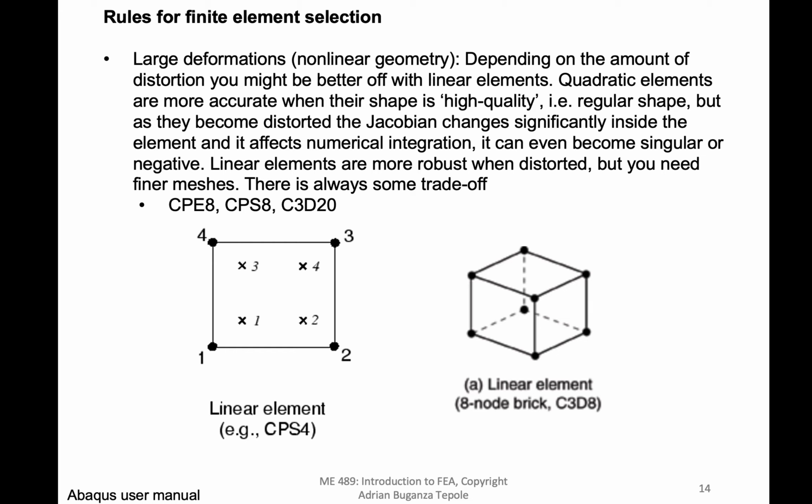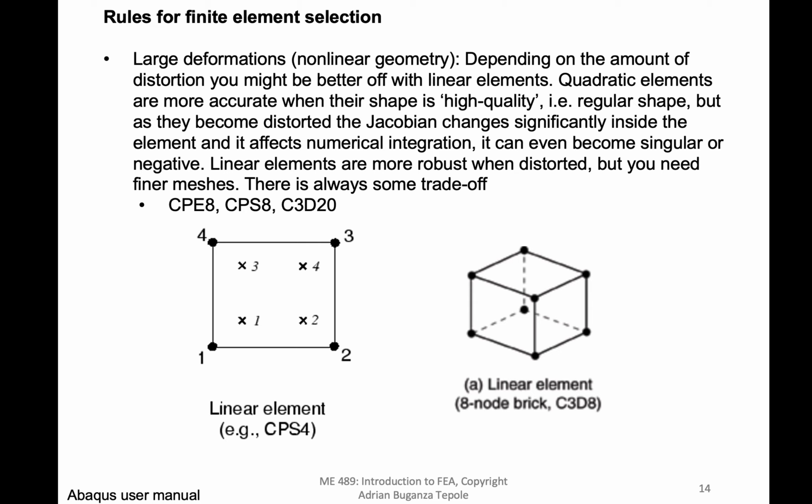So you might have that your Jacobian becomes negative. You have problems with the numerical integration. So that's one thing that can happen with the quadratic elements. If you have very large deformations, then the quality of the solution goes down. So in that case, unless you refine a lot, you might be good with the linear elements.